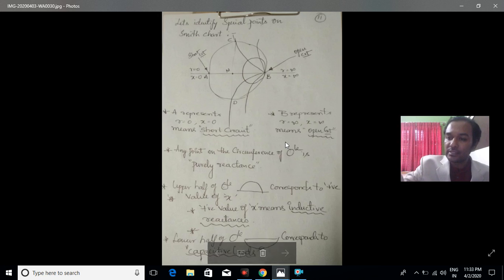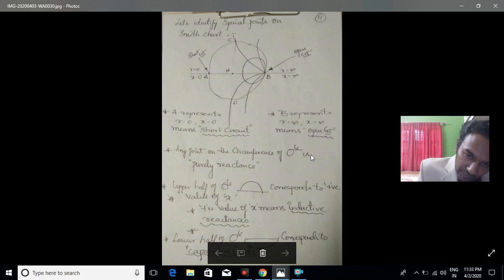When we have the highest resistance and the reactance which is generated is infinite, then it is called an open circuit.